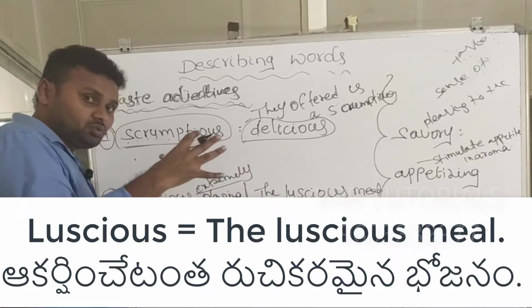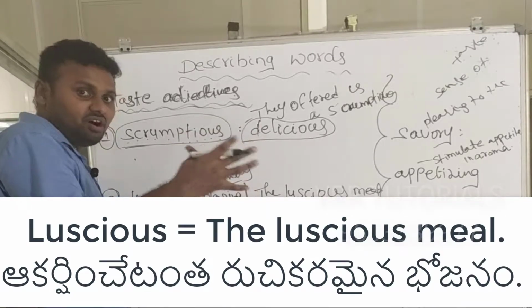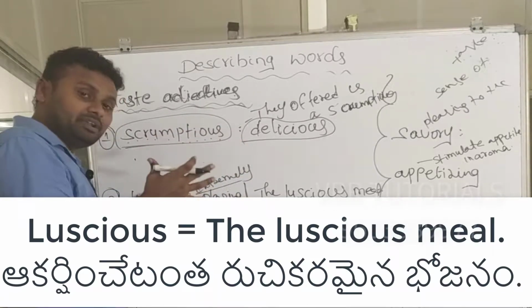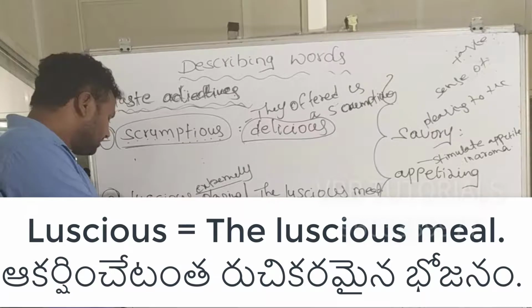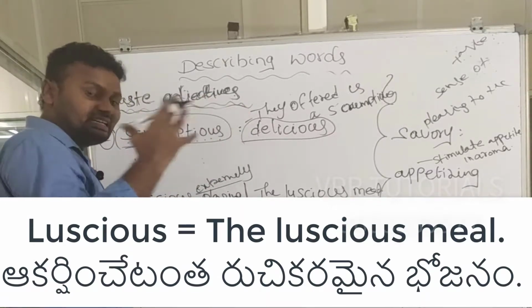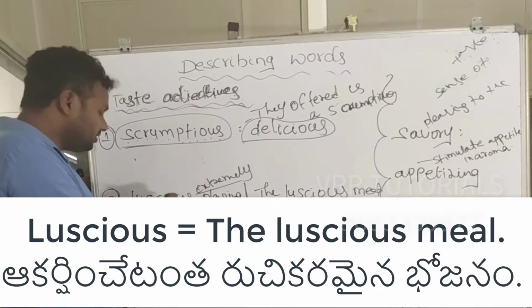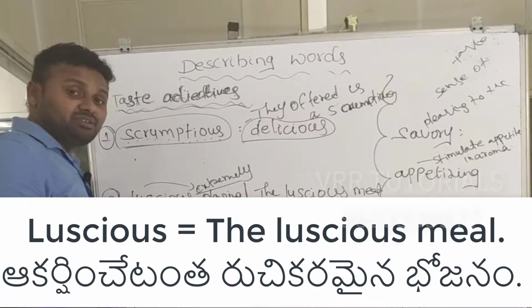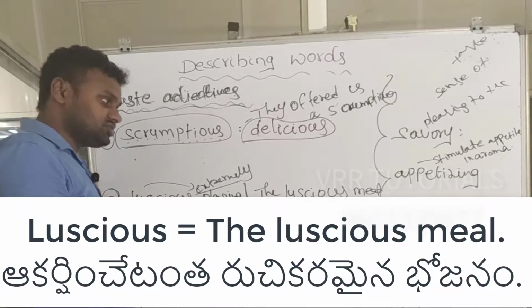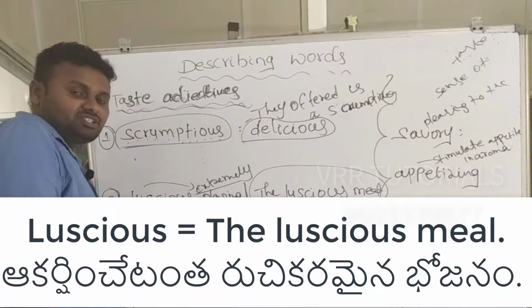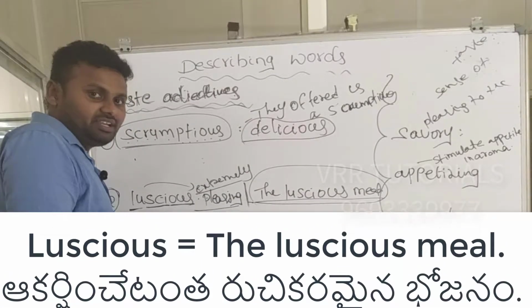So the luscious lips of the woman, two luscious girls, which means they are sexually appealing. But even for food we can use it. So luscious means extremely pleasing. The luscious meal is very pleasing.